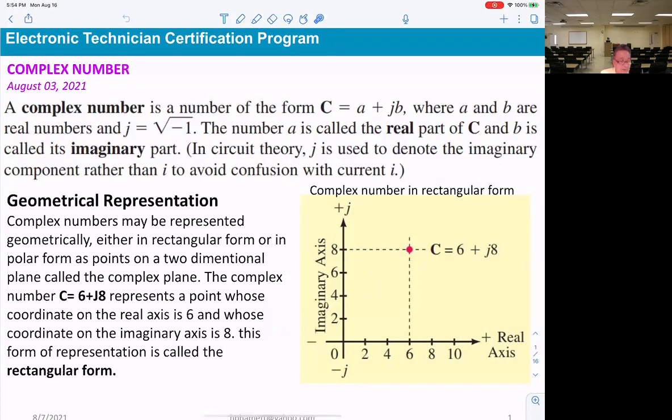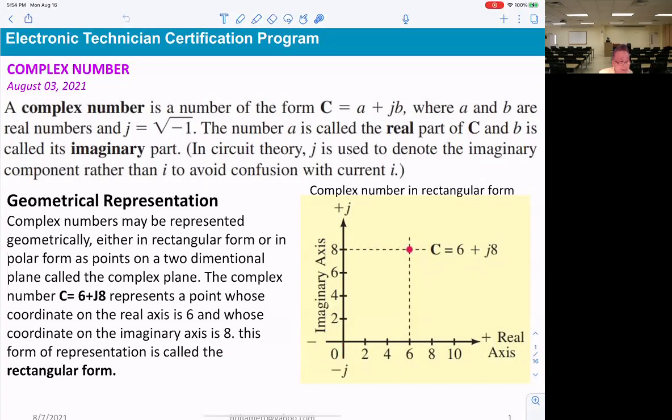So basically they're telling you right here, 0. To the right, you get a positive real number. Go to the left, negative real number. And now you rotate another 90 degrees.